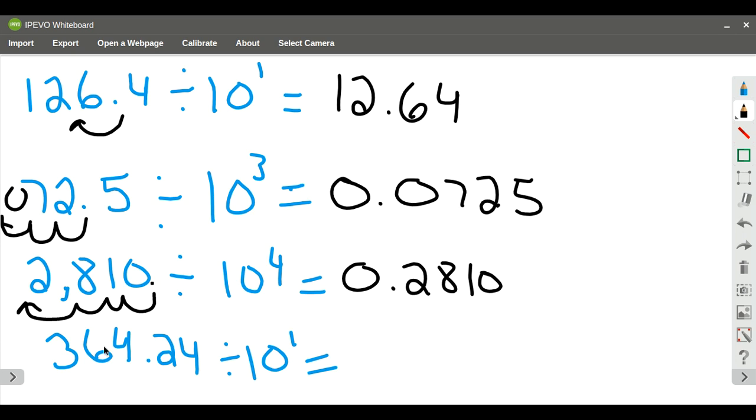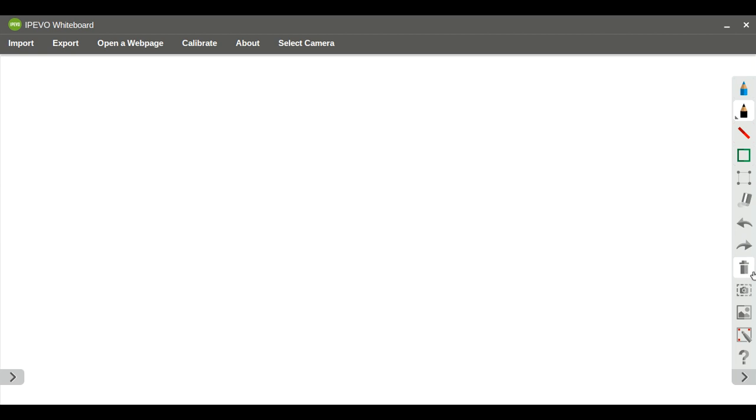And then my last one is 364 and 2400ths divided by 10 to the first power. Because I have a 1 here, I'm going to move my decimal 1 place to the left. So it's going to be 36.424.